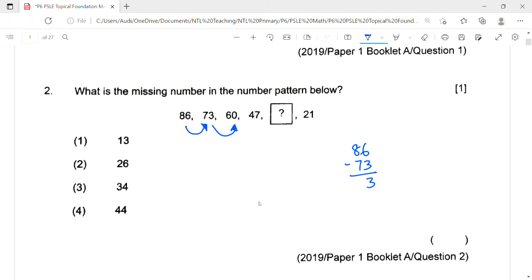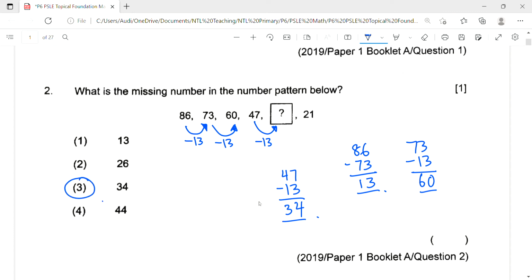So we know that this is minus 13. Now we test the next one, 73 minus 13. Let's see if we get 60. Yes. So it's a minus 13. So from 47 to the empty box, we also minus 13. So 47 minus 13, we get 34. This is our answer.